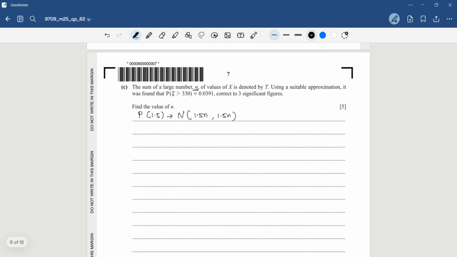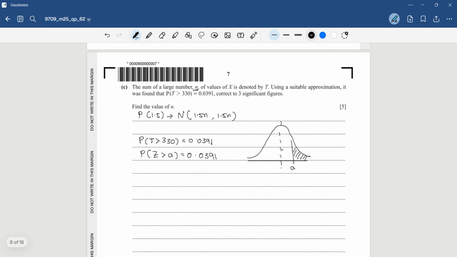So instead of the probability T more than 330 equal to 0.0391, I change this into a z score: the probability Z more than a is equivalent to 0.0391. If I draw the normal distribution curve, a is here and this is the region.